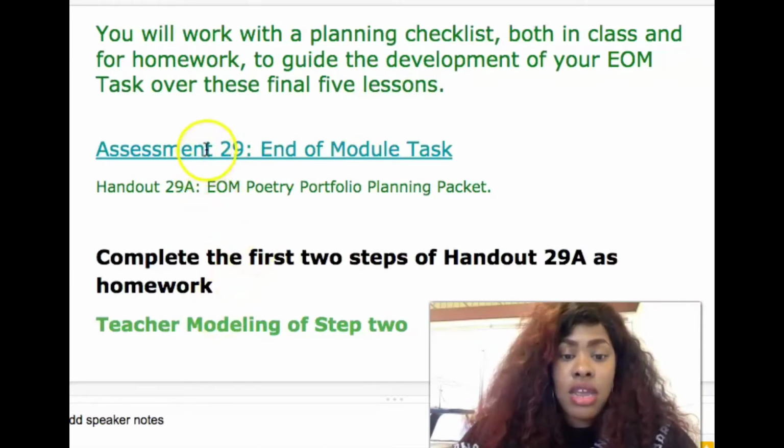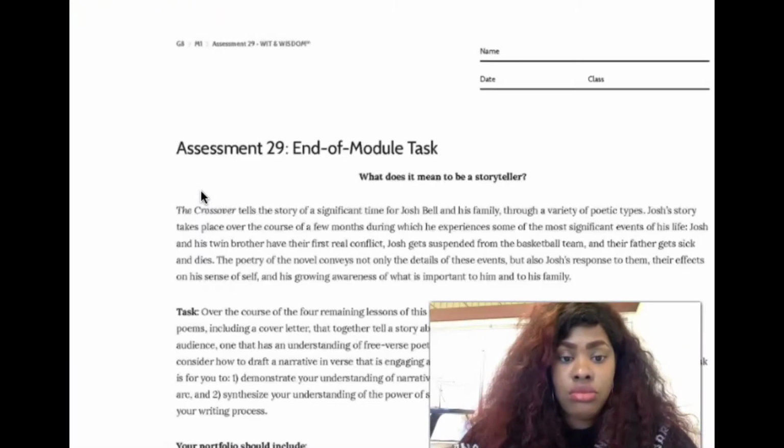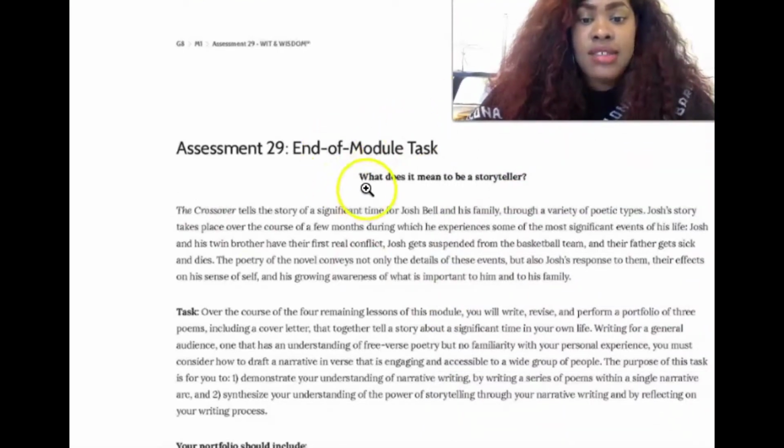So looking at our end of module task, it is going to be assessment 29, and it says, what does it mean to be a storyteller?